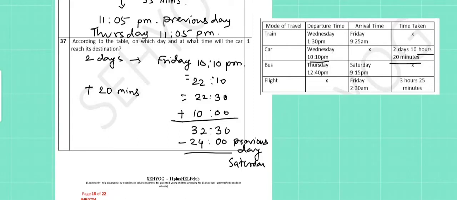So, we get Saturday 8 hours and 30 minutes. So the time is 8:30 a.m. of Saturday.